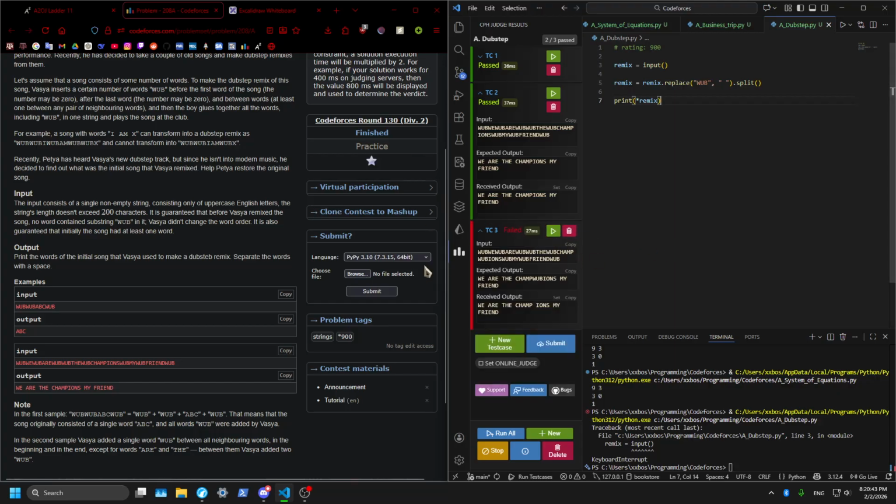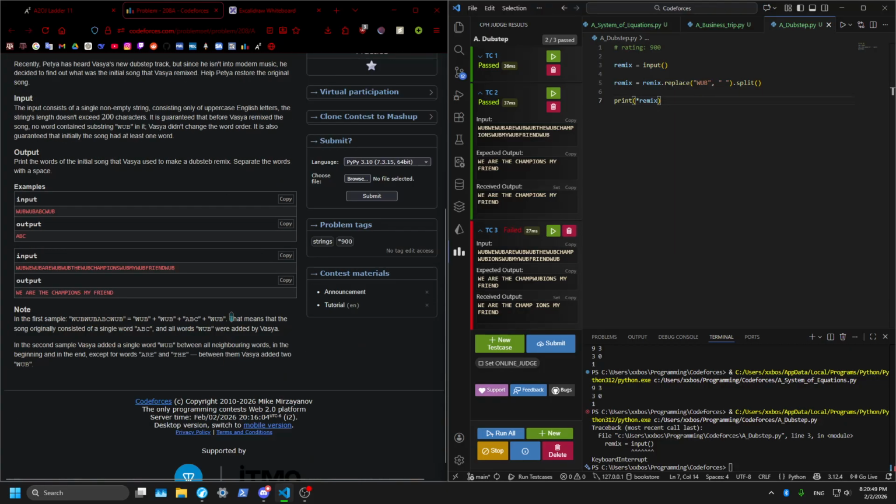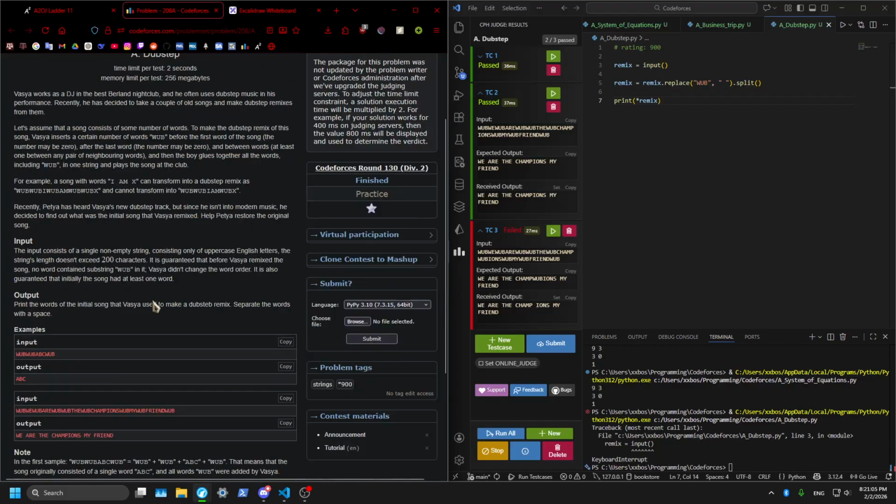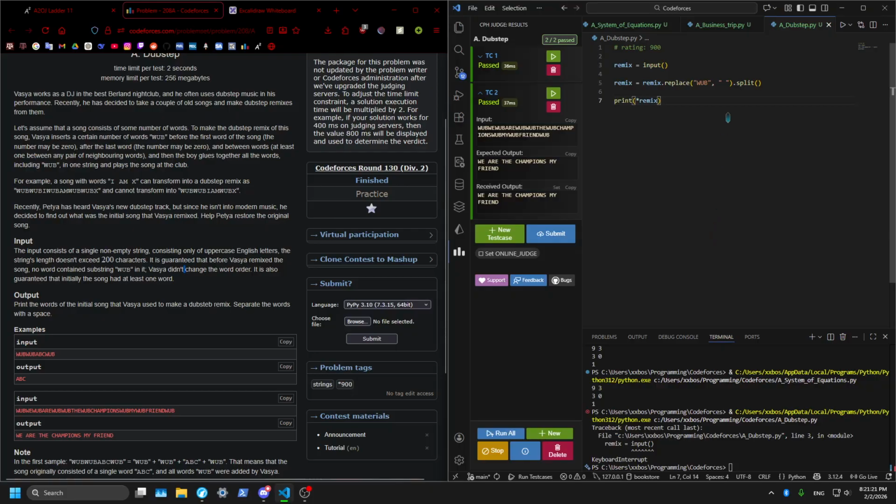Like this would fail. Maybe. It is guaranteed that before the remix, no word contained the substring wub in it. Okay, so this is not even a valid case, so it's just this.